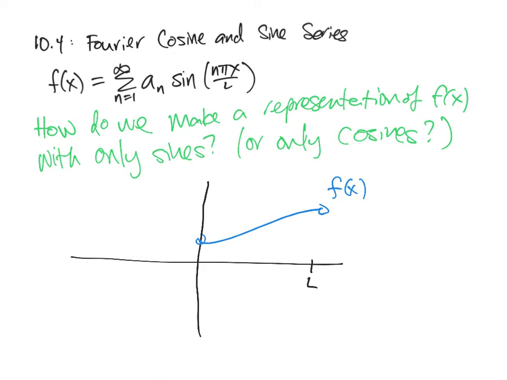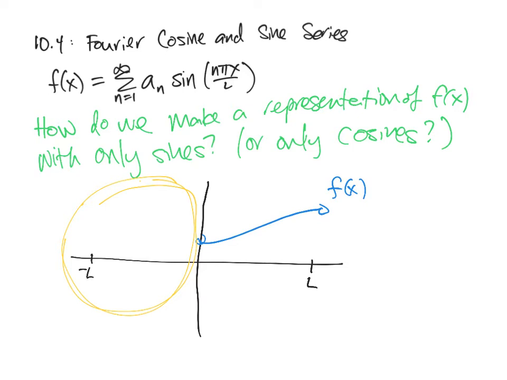In our heat equation problem, for example, we only care about from 0 to L. But when we defined our Fourier series, we defined it on functions from negative L to L. So if we want, we can define anything we want over on this side and then take a Fourier series there. And so if we extend our function f over here in a clever way, then the Fourier series we take on this extension might give us what we want.